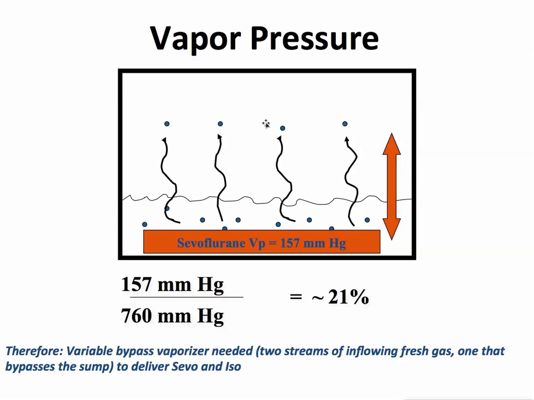Well, if you delivered 21% sevoflurane to a patient, that would be an overdose in all cases. And you need a variable bypass vaporizer, 2 streams of inflowing fresh gas, one that bypasses the sump and another that picks up some of the gas to deliver the concentrations that we want to the patient.